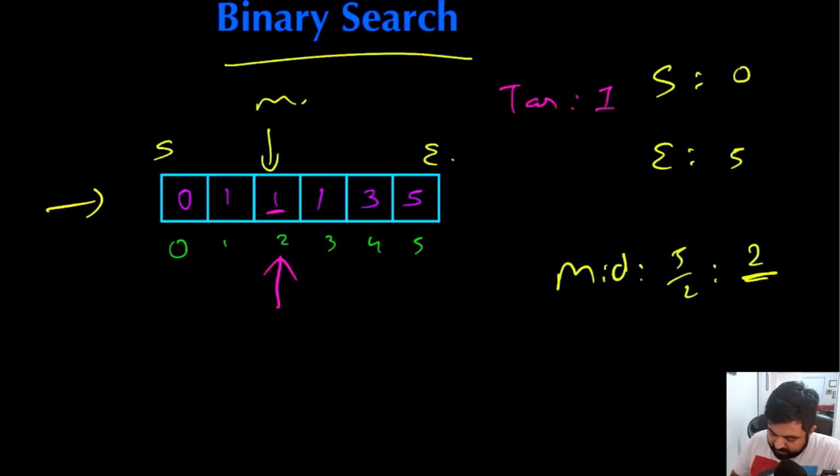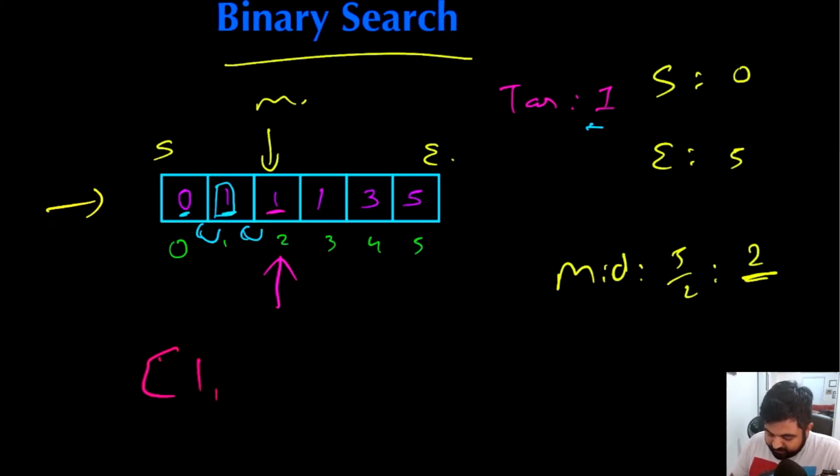Now we will start iterating on the left side. On the left side, this value is 1, so we still don't know whether this is the first occurrence or not. So again we take one step to the left, and this value is 0. The moment we find a value different from 1, we can clearly determine that the previous value was the first occurrence. So we can mark this answer as 1.